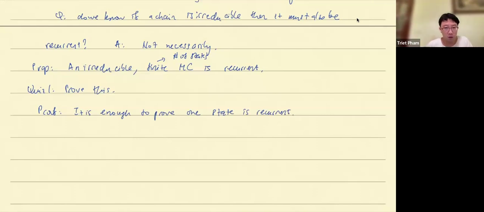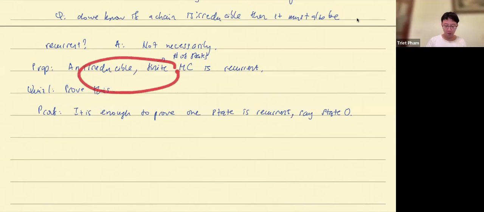Now, let's focus on one state, let's say state 0. What technique will we use to prove that state 0 will be recurrent in a finite irreducible Markov chain?